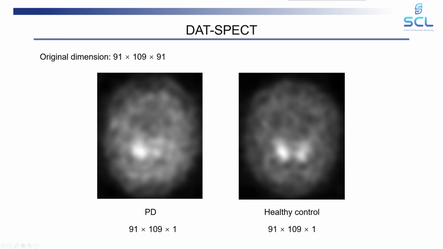Studies show that reduced DAT density in the caudate nucleus and lower DAT availability in the putamen can predict cognitive decline in patients. We can also see a significant left-right asymmetry in the patient's imaging. Therefore, we can use the striatum region as the input.